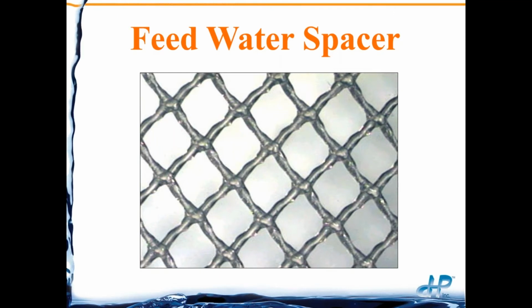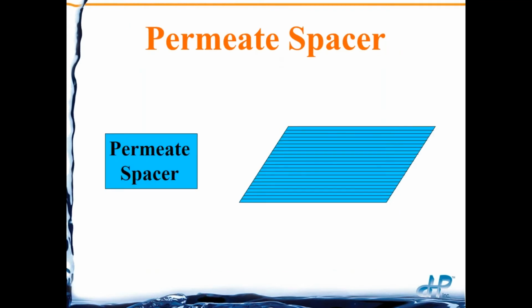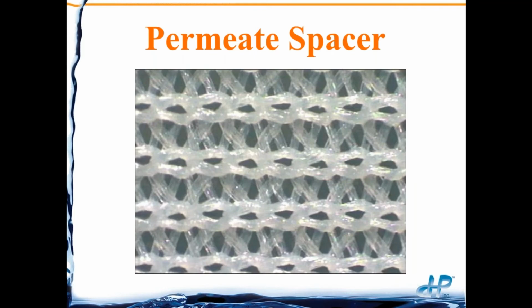This allows water to enter into our wraps of membrane so that the water can come in contact with our membrane itself, and of course the pressure forces the water through into the permeate. We need to get that permeate out of the membrane element, so we have a permeate spacer, and just like the drawing shows here, there are channels woven into that permeate spacer that allow the water to go down towards our permeate tube, which we'll see shortly, and then that permeate tube will allow that water to exit out the element and the RO system.